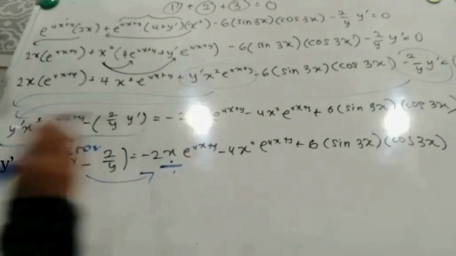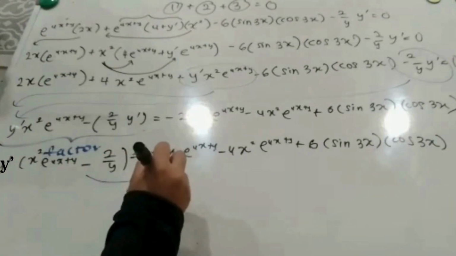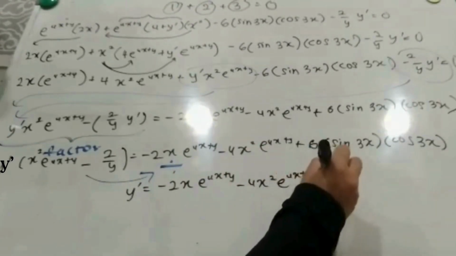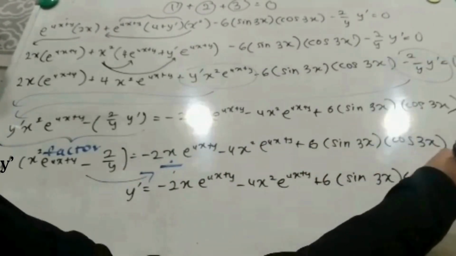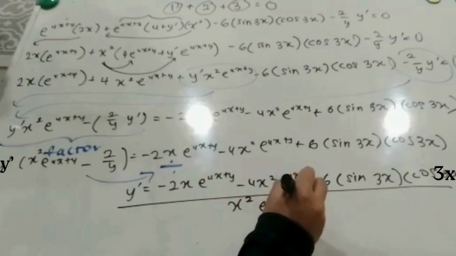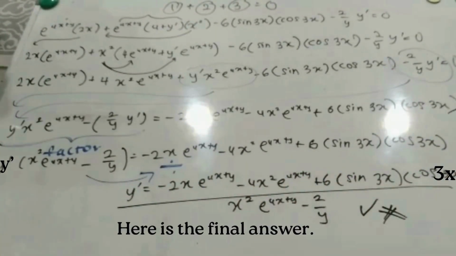Finally, we bring the factored expression to the right side as a division. And here is the final answer.